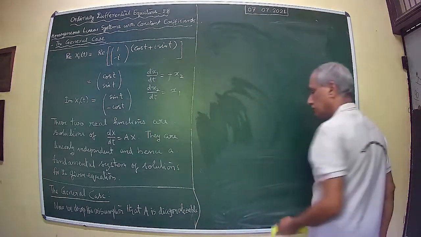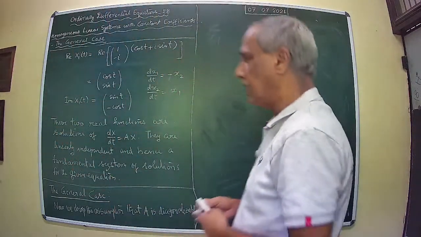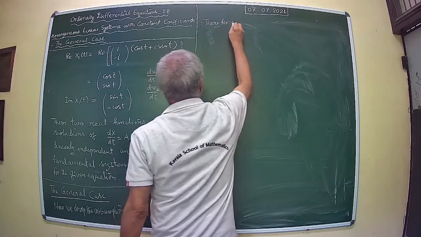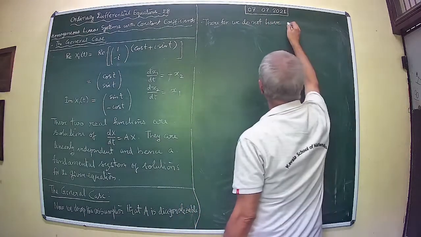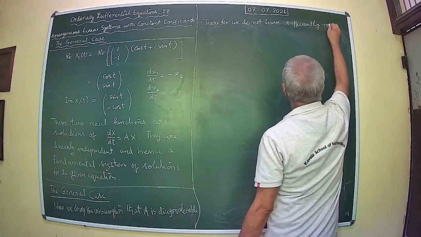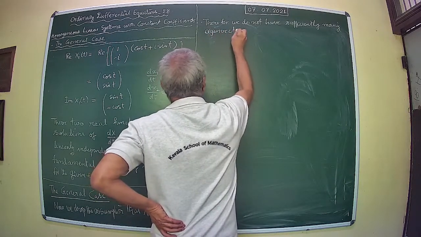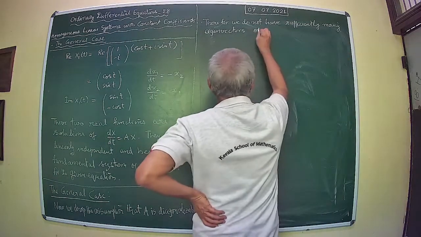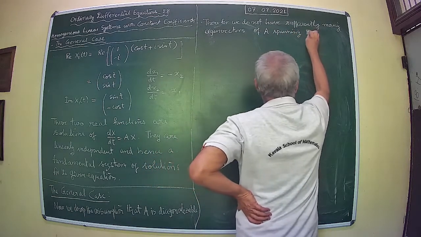And what do you end up with? Therefore, we don't have any more the eigenvectors of A. This is one problem.